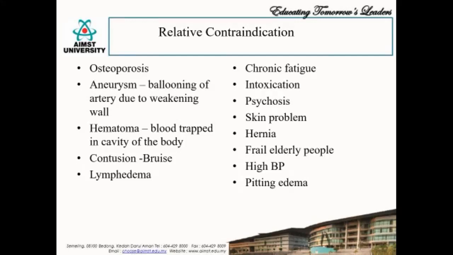We have lymphatic drainage in the axilla, armpit, and in our inguinal region. All these regions have lymphatic drainage. So if there is any blockage or problem in that particular area, there will be blockage of the lymphatic drainage.